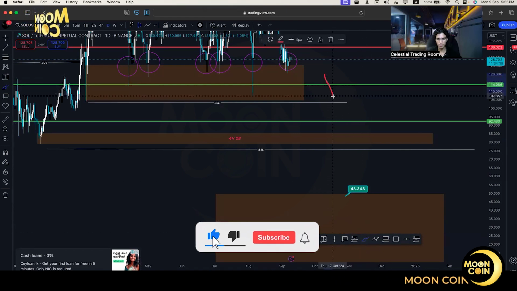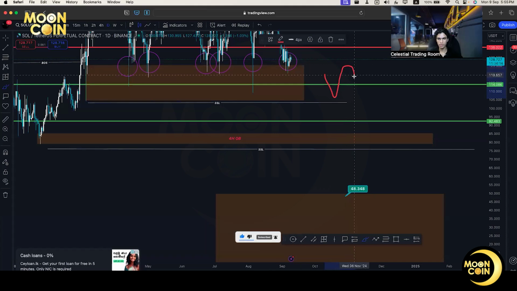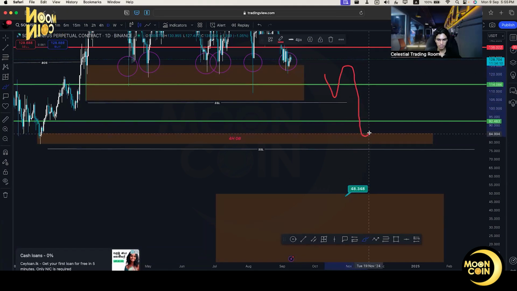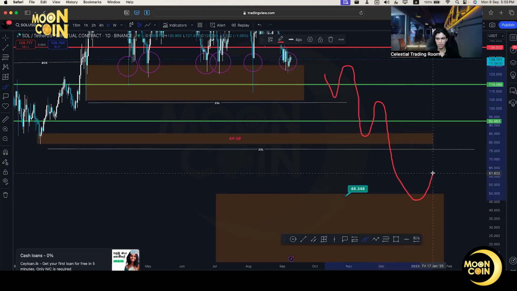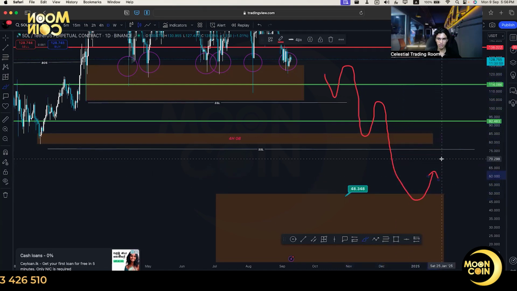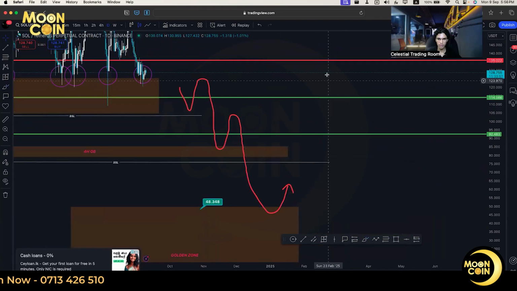We can expect the breakout and a candle close below this trend line, and we can expect the price to mitigate this order block and close above this trend line, and we can expect the price to take all the liquidities here and bounce back to the upside.